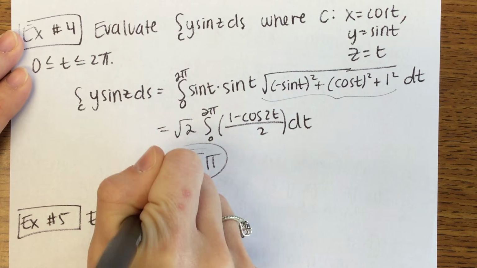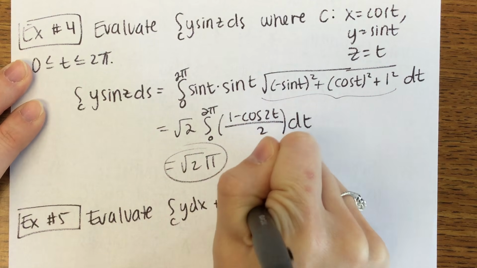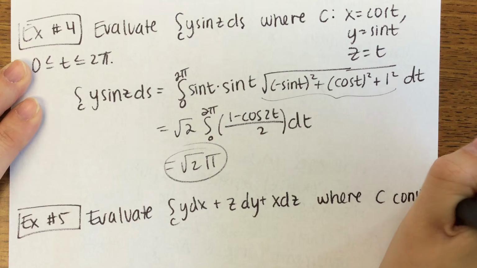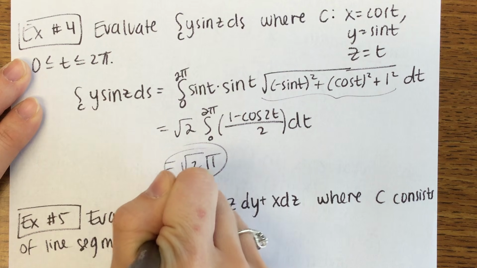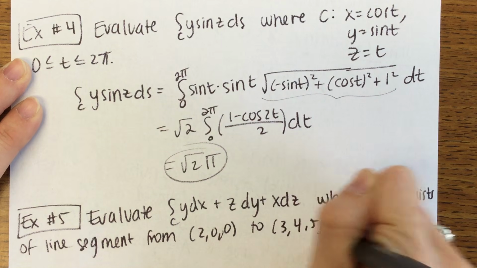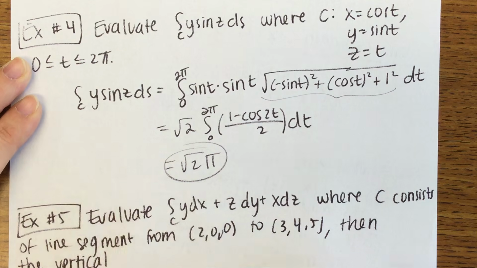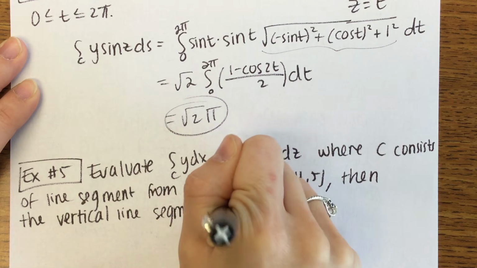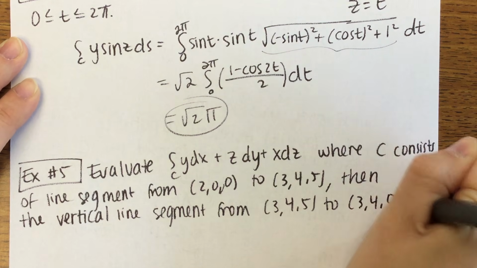We are going to evaluate the line integral along the curve C of y dx plus z dy plus x dz, where C consists of the line segment from 2, 0, 0 to 3, 4, 5, then the vertical line segment from 3, 4, 5 to 3, 4, 0.